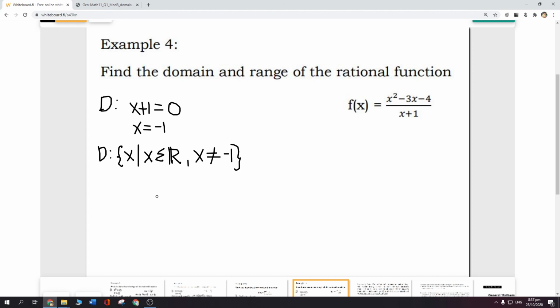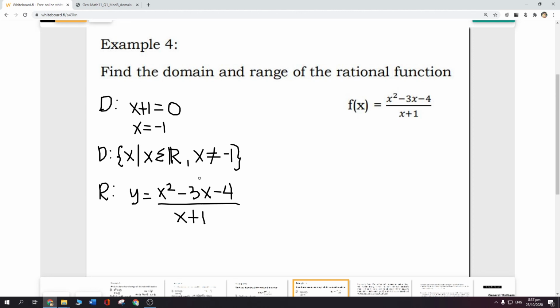And for our range, we will change f of x into y and we will just copy the function over x plus 1.